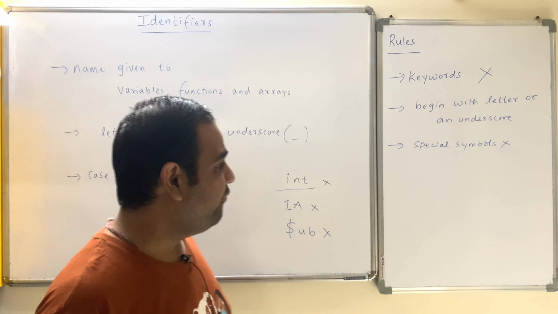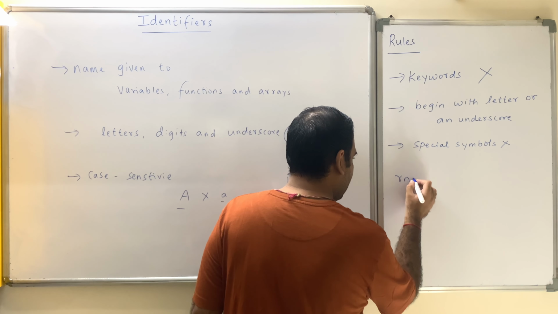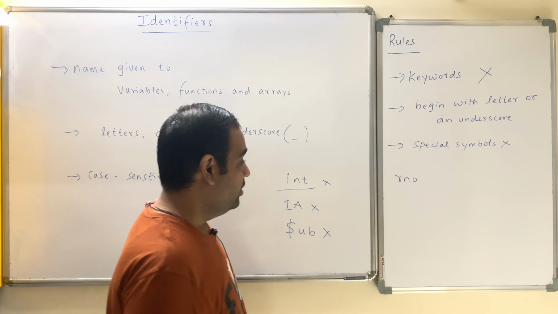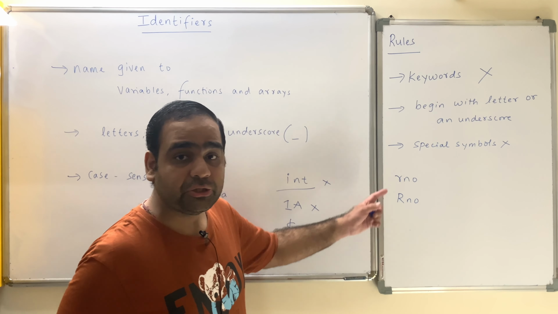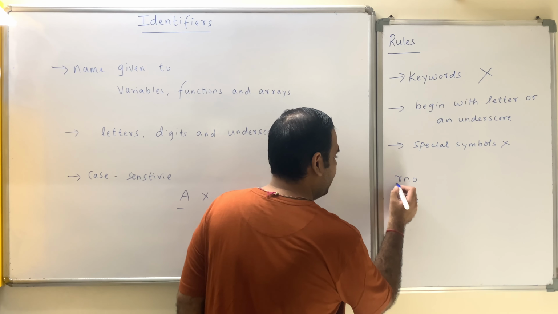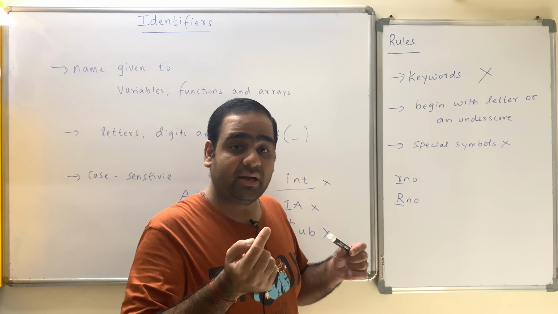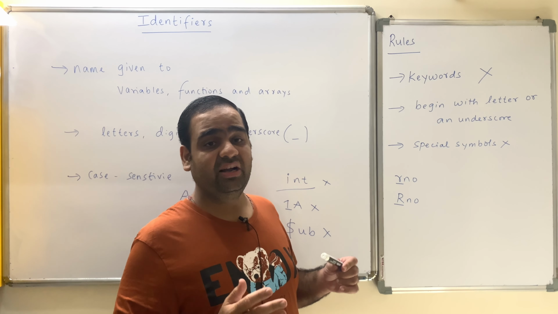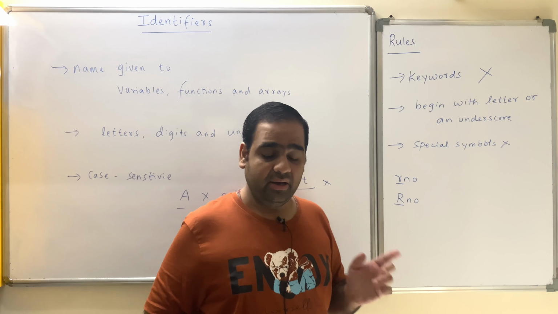That means if I write any identifier name as roll number RNO, and you write another identifier name as Rno, these two are different. Why? Because here we have uppercase and here we have lowercase. Even if there is a one character mismatch, it is a different identifier name.